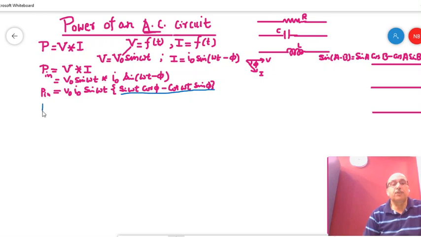P instantaneous is equal to V naught I naught sine omega t into sine omega t, that is sine square omega t, cos phi minus sine omega t cos omega t sin phi.